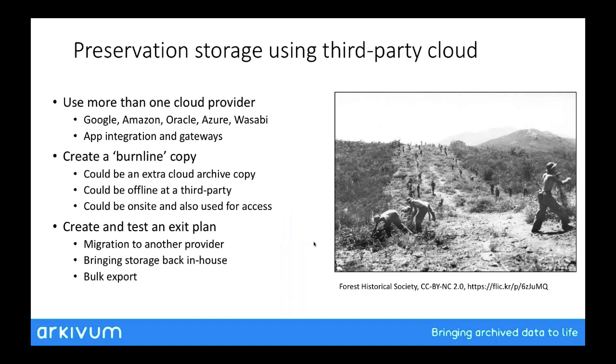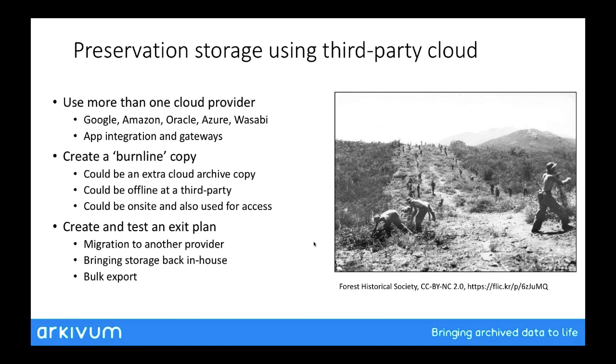So to round up, cloud as part of a preservation storage strategy, these are the key things to consider, I think. This sort of idea of diversity and multiple copies, use more than one cloud provider, and look carefully at how you get data in and out of those cloud providers, and then protect yourself.